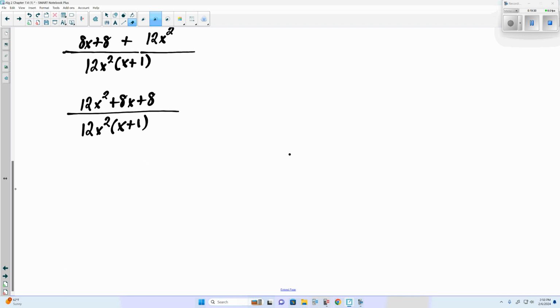Is there any way that we can factor our 12x squared plus 8x plus 8? There's a greatest common factor of 4 that we can factor out, which will turn our 12x squared into 3x squared, our 8x into 2x, and our 8 into 2.